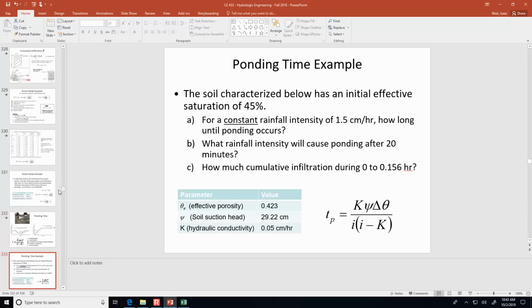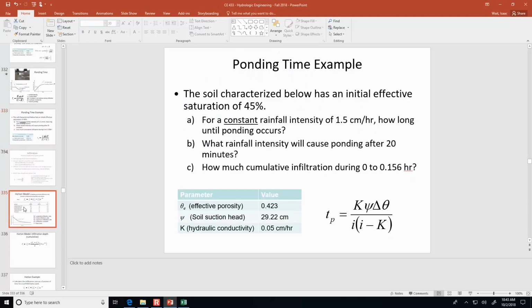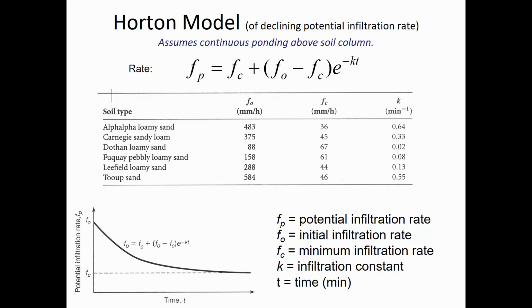I want to tell you about one other method that's easier. It's a lot less sophisticated, but the Horton model is an empirical representation of the shape of this curve, and it's based on observed behavior in different types of sands and loams and clays and so on, where you look up the minimum infiltration rate. That's what this F sub C is.